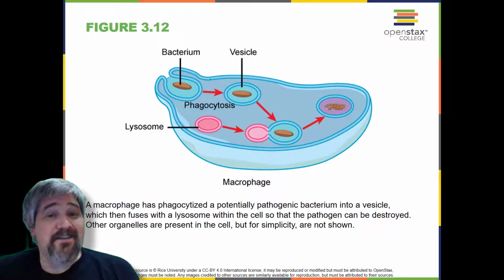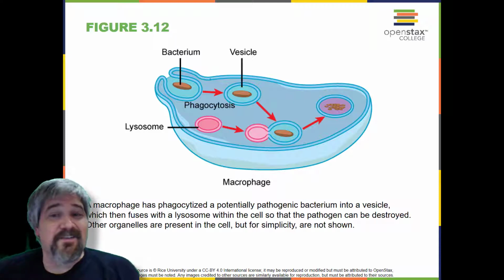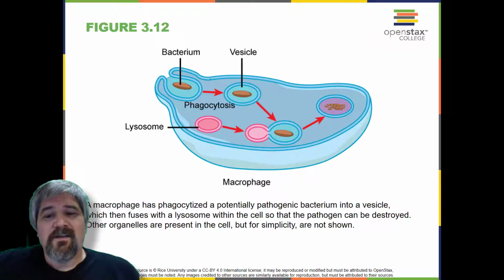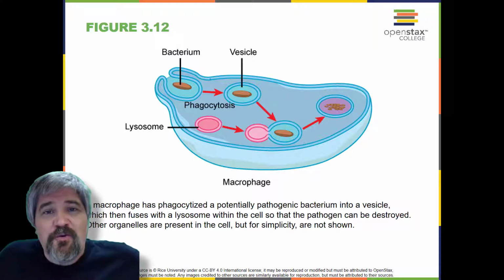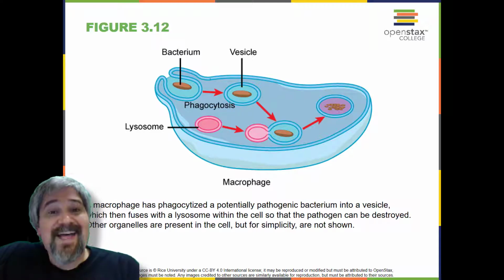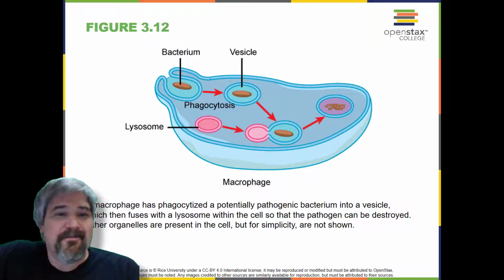The invaginated section, with the pathogen inside, then pinches itself off from the plasma membrane and becomes a vesicle. The vesicle fuses with the lysosome. The lysosome's hydrolytic enzymes then destroy the pathogen. Some pathogens have the ability to inhibit the fusion of the lysosome with the vesicle. That's how they avoid being destroyed.